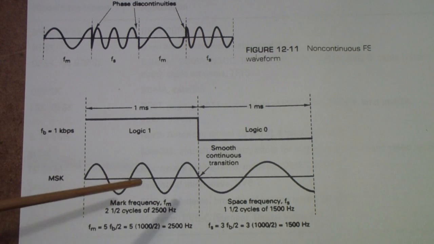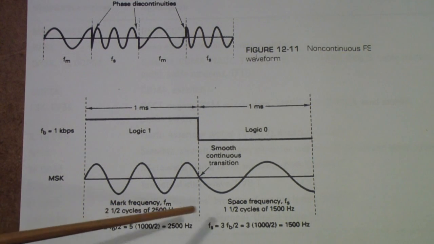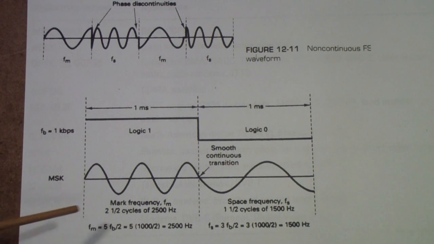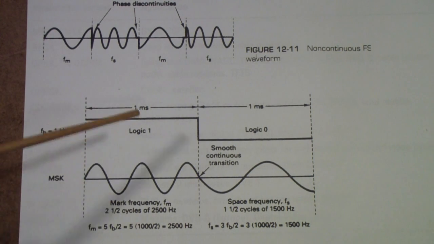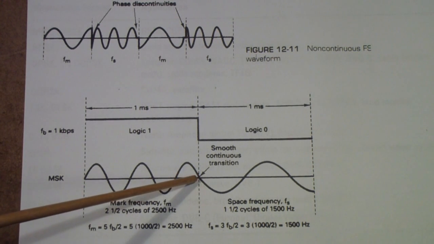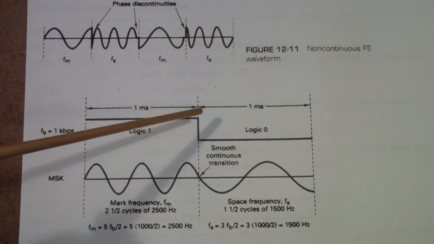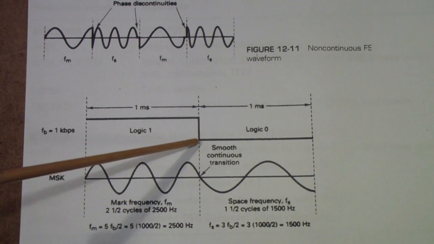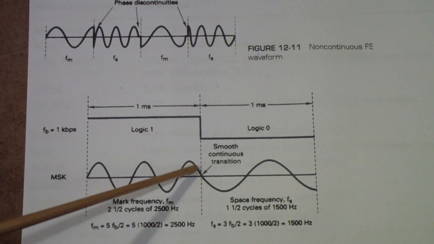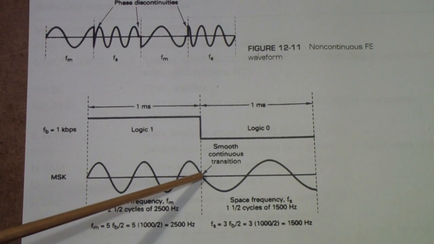Well, you can avoid that if you adjust the mark frequency and the space frequency in a way that they have a relationship to one another, where one, for example, is the baseband or bit rate times 1.5, and the other one is times 2.5, so that you'll see that the transitions, that is between a 1 and a 0, or a 0 and a 1, the transitions in frequency occur when those two frequencies are both at zero amplitude.